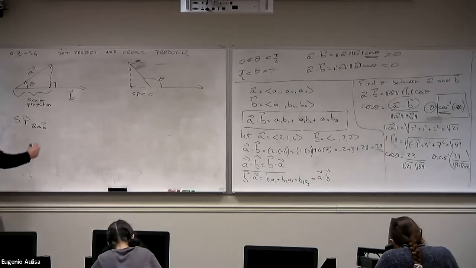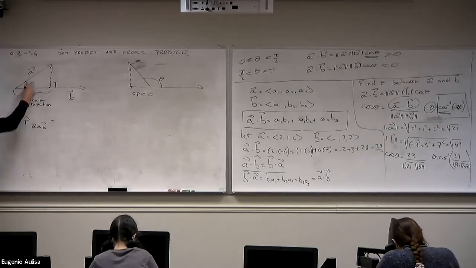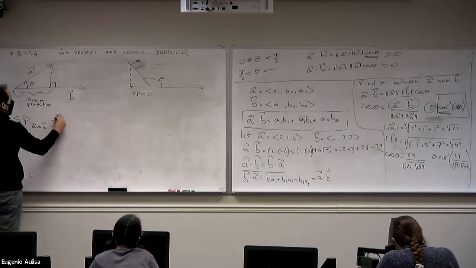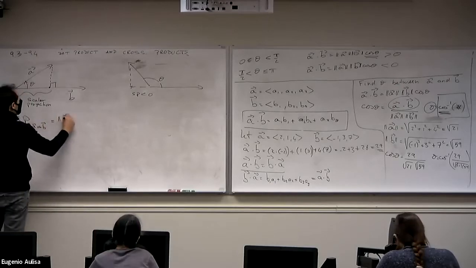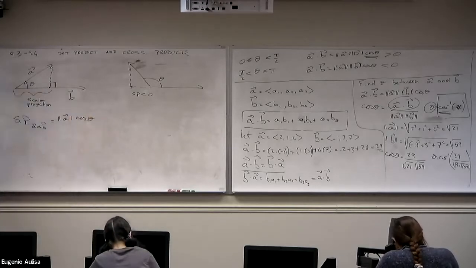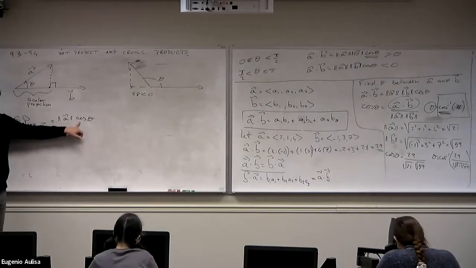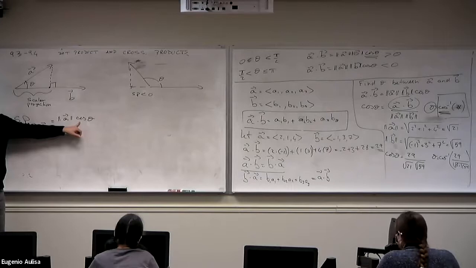Since this is a right triangle and this is the angle theta, you should agree that this is equal to the magnitude of A times cosine of theta. Now, cosine is positive between 0 and pi over 2, and negative for theta greater than pi over 2 and less than pi.